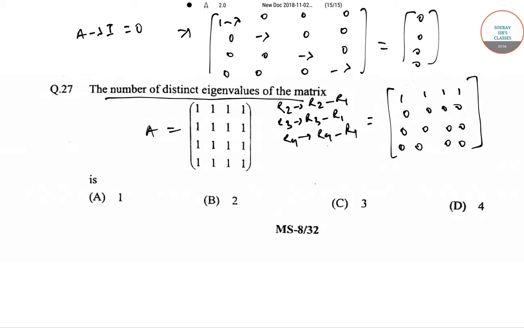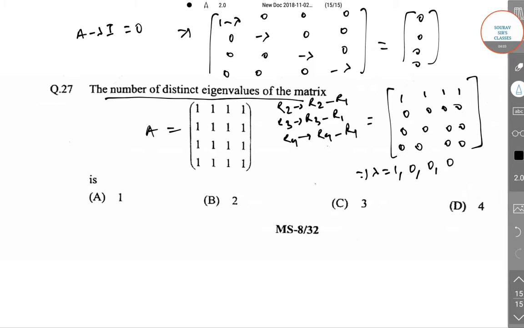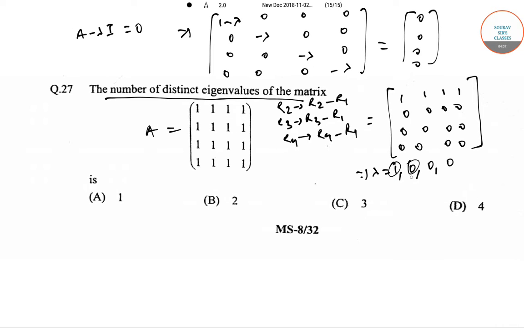So from here we get lambda is equal to 1, 0, 0, 0. So we get 3 zeros and 1 one. So the distinct values are 1 and 0. We have only two distinct values. So the correct option is option B.